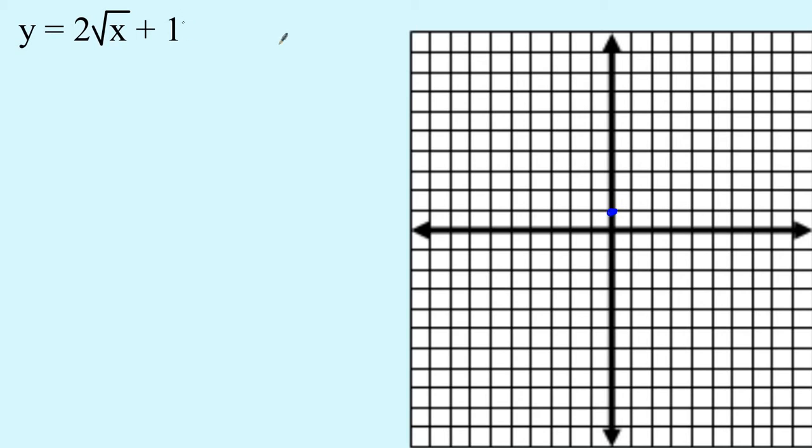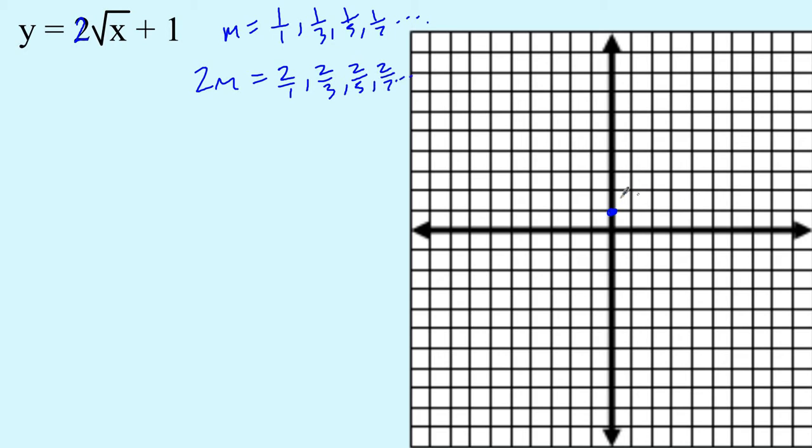Now, in a regular function, so in a quadratic, if you were to multiply by 2, you would just multiply the slopes by whatever a was. Well, our slopes now follow the pattern of 1 over 1, then 1/3, 1/5, 1/7, and so on. So now with a new value of 2, 2m would be 2 over 1, 2 over 3, 2 over 5, 2 over 7, and so on.